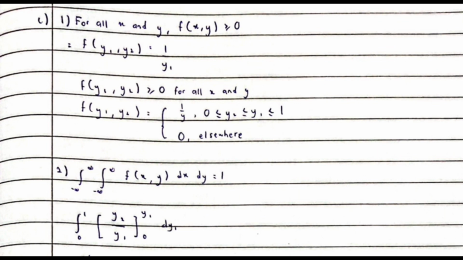In this case, when f(0,0) we get 0 and it is satisfied, and when f(1,1) we also get 1, which is stated in the joint function of y1 and y2.